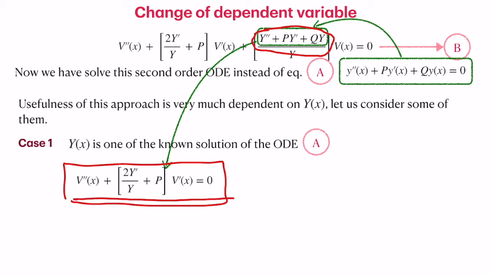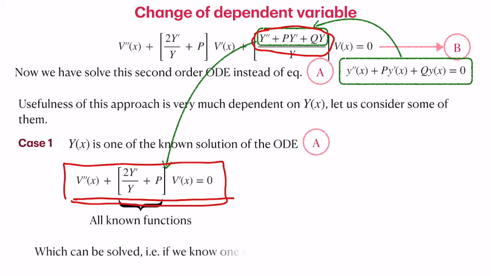Now we see that this is basically a first order differential equation in v prime, which we can solve using techniques such as the integrating factor, and then simply integrate to obtain v. So this simply reduces to a first order differential equation. The coefficients are already known to us because capital Y is known and p is also known, and in principle we can go ahead and solve this.